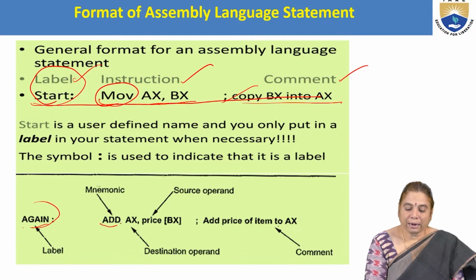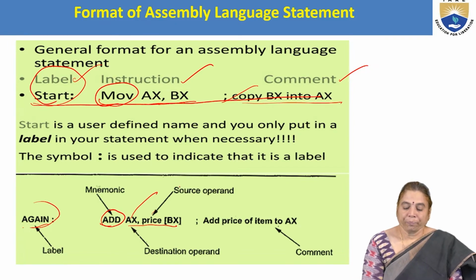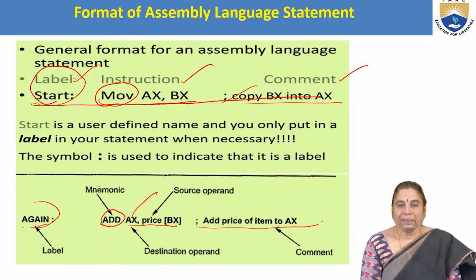Here ADD is the mnemonic, and two arguments can be specified. The first one is the destination operand, the second one is the source operand. Next, this is the comment. So in this way, the instruction can be specified in the assembly language program.